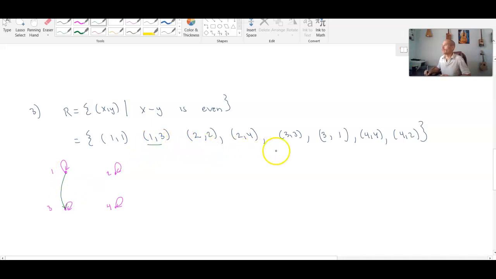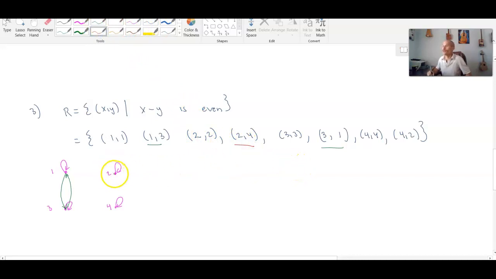And does 3 relate to 1? Yes, it does. Since 1 minus 3 is negative 2, and that's even, 3 minus 1 is positive 2. That's just the same number, different sign, and that's also going to be even. So 3 minus 1 is even. 3, 1 is in the set. I can proceed in the same fashion. I see 2, 4 is in the set.